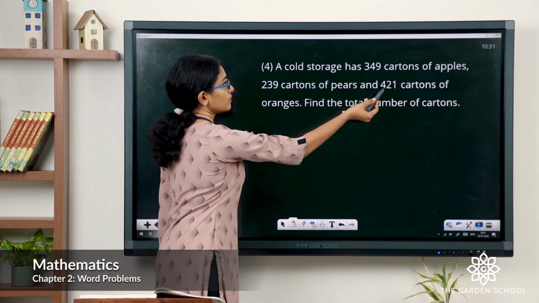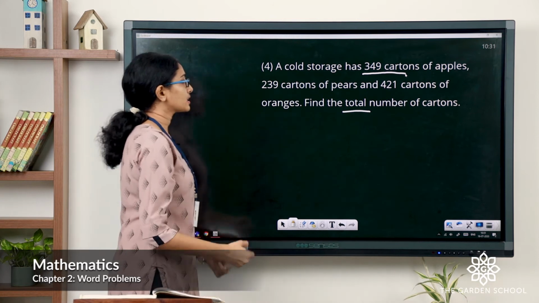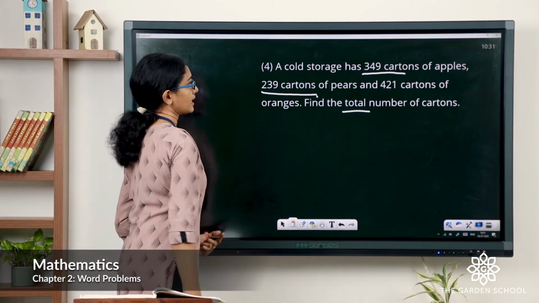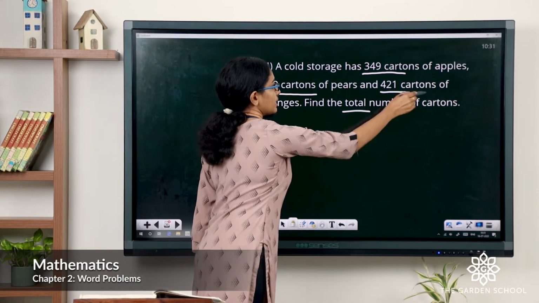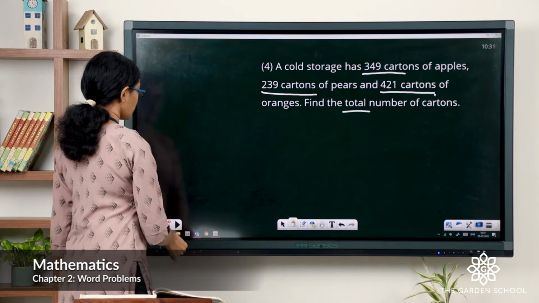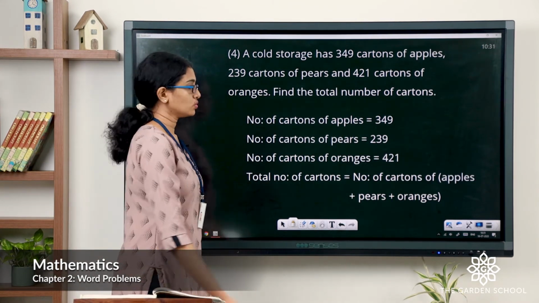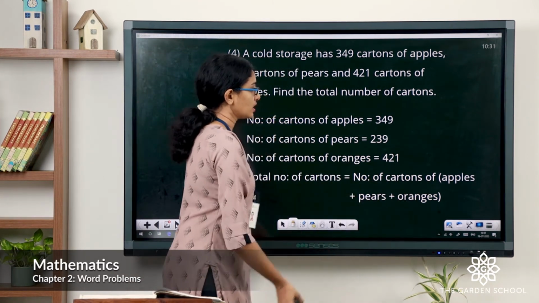So, what is the number of cartons of apples? It is 349. The number of cartons of pears equal to 239 and the number of cartons of oranges equal to 421. So, how do we find the total? Total number of cartons equal to number of cartons of apples plus pears plus oranges. Do you see?